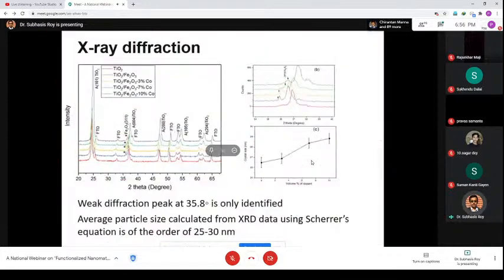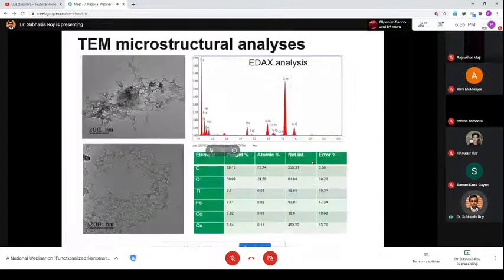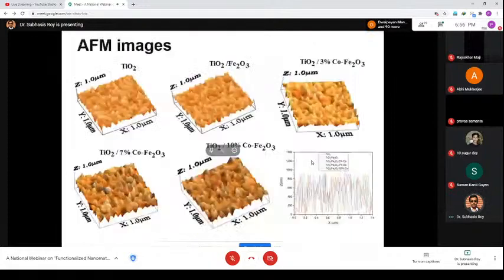So here, if you see the XRD structure, all the materials are present and no impurity is there, and finally we checked the crystal size, which is around 25 to 30 nanometer. This is the structural elemental analysis, where all the elements are present in the form of Co, Ti, Fe, Cu, which we checked by TEM microstructural analysis. And this is the AFM analysis, which shows the surface topography, where the surface roughness is more or less uniform.